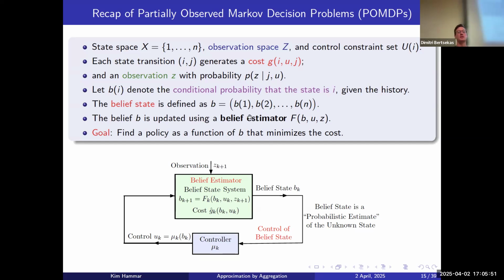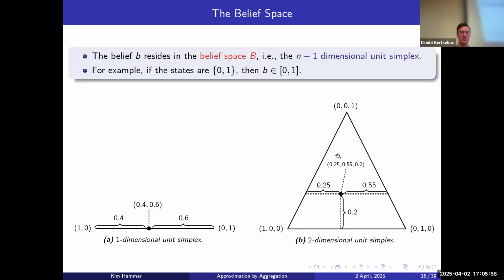This belief vector resides in a space that we call the belief space, denoted with capital B. This is the n-1 dimensional unit simplex, where n is the number of states of the original problem. For example, if you have 2 states, it's a unit interval from 0 to 1.